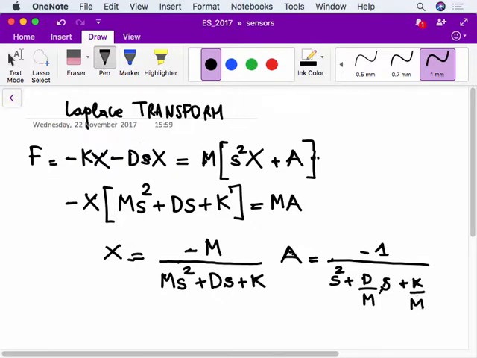So, what do we have here? Basically, we have a transfer function which has no zero and two poles. You have two poles at the denominator.